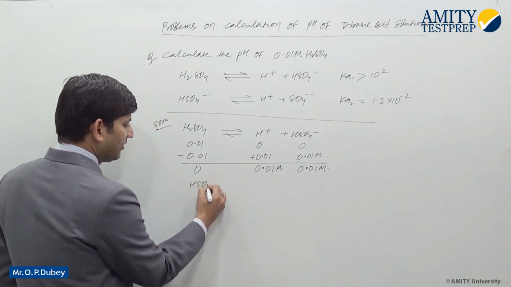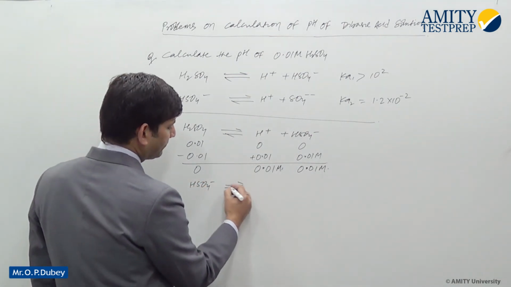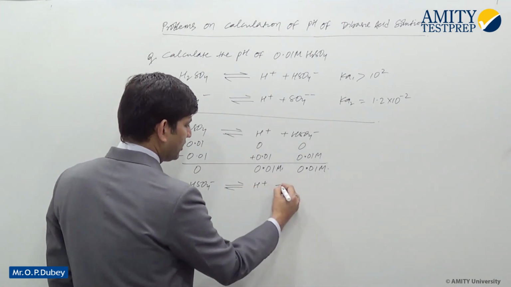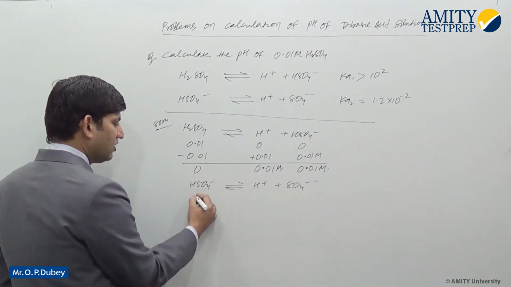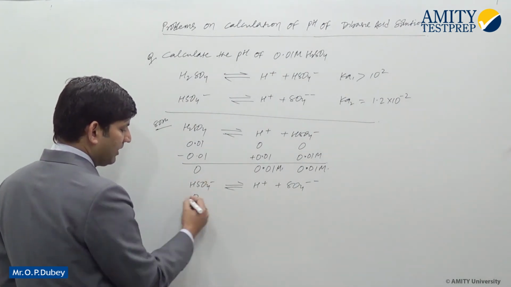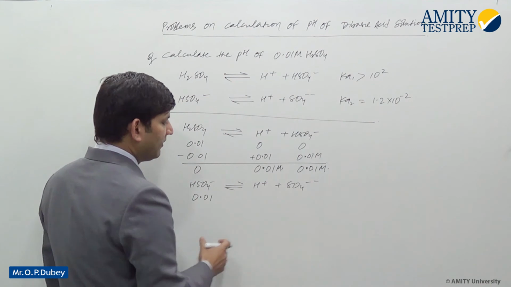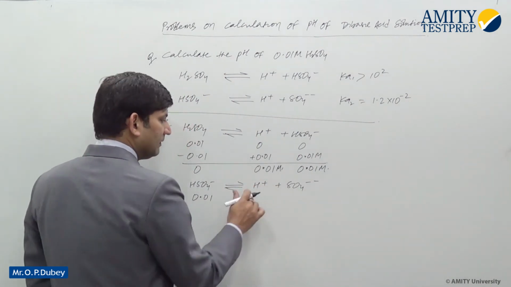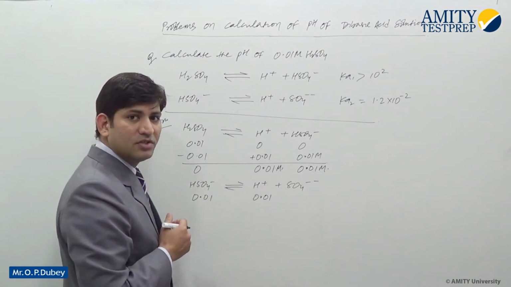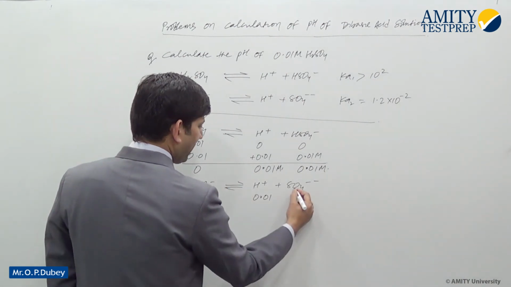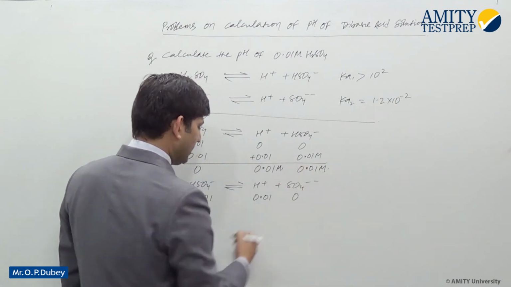In the second step, HSO4 minus dissociates into H plus and SO4 2 minus, and the initial concentration of HSO4 minus is 0.01. The H plus ion concentration in the solution is 0.01, which is obtained from the first dissociation of H2SO4, and the concentration of SO4 2 minus ion is 0.